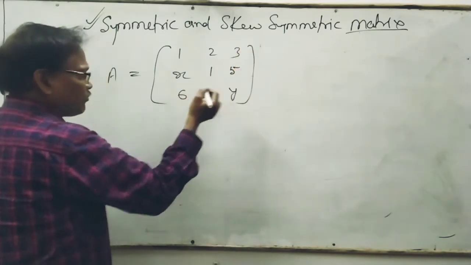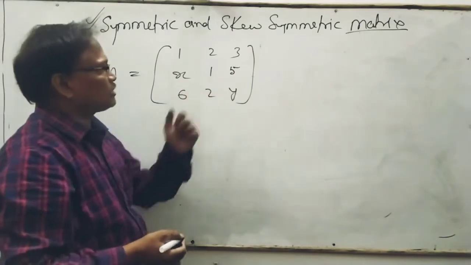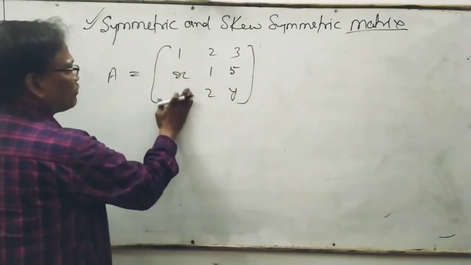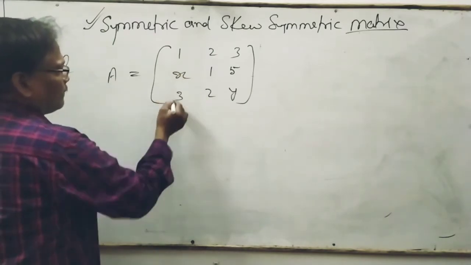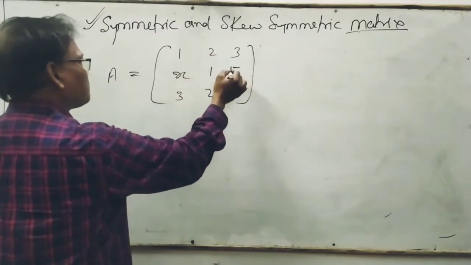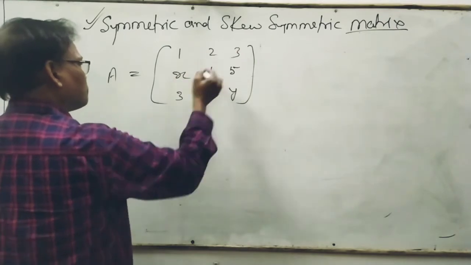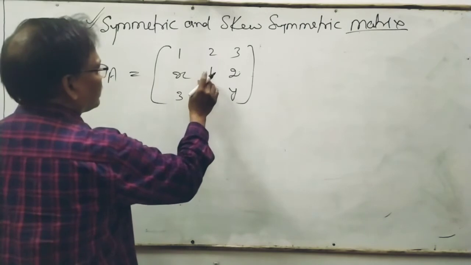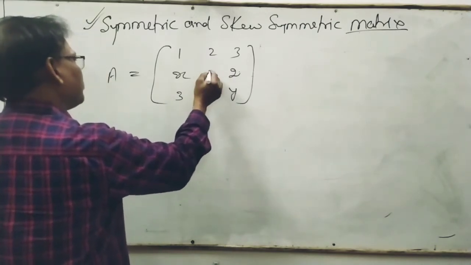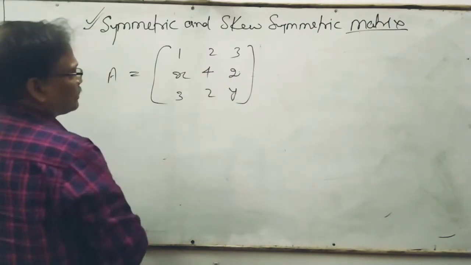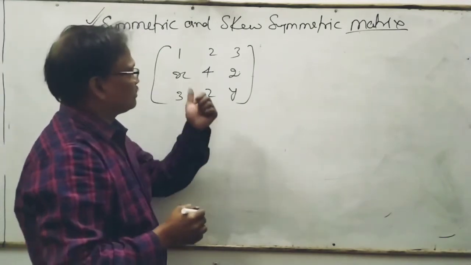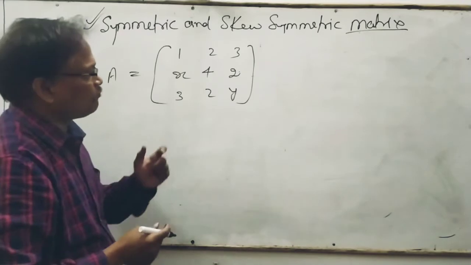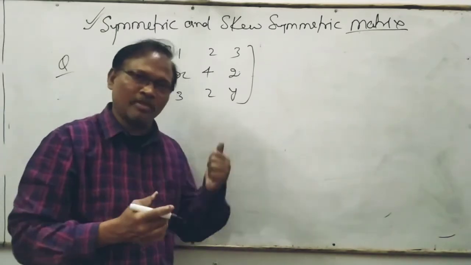So for example, and this matrix is symmetric, मतलब ये बताया जा रहा है this matrix is symmetric. Find the values of x and y if the matrix is symmetric.